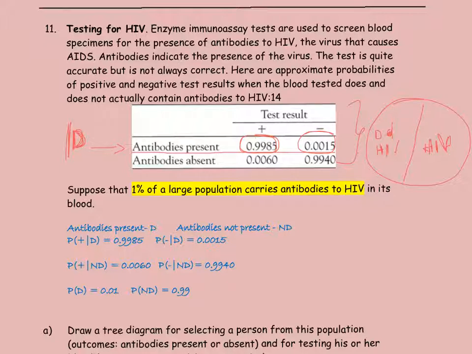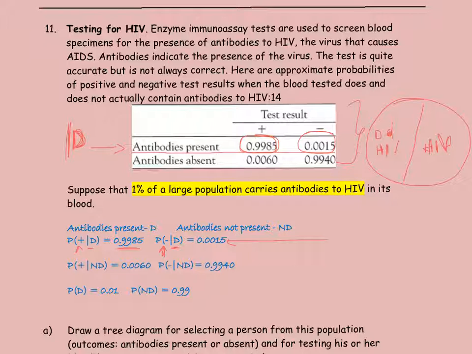So writing this down, this is what it would look like. Knowing that someone has the disease, the probability that they tested positive is 0.9985. Knowing that they had the disease, or the antibodies were present, the probability that the test showed negative was 0.0015.